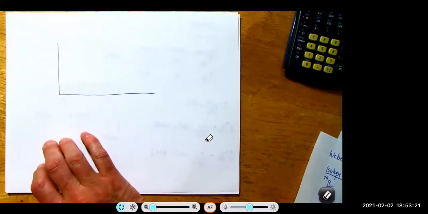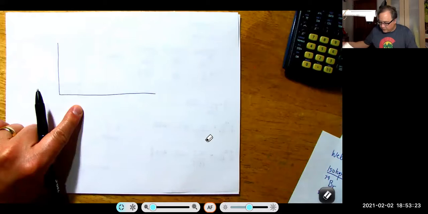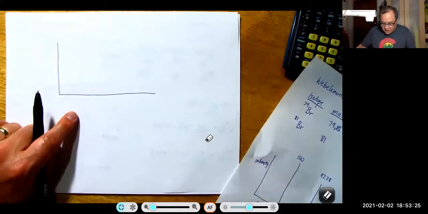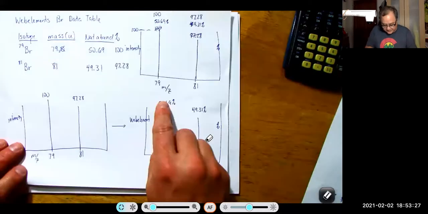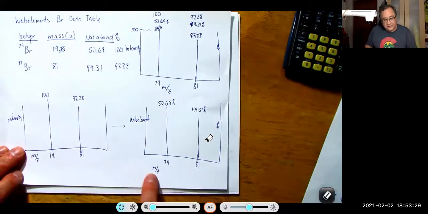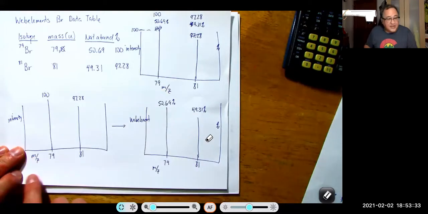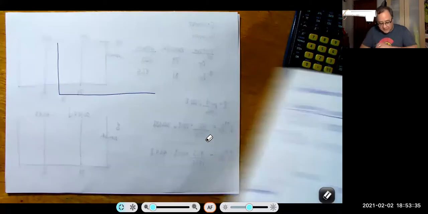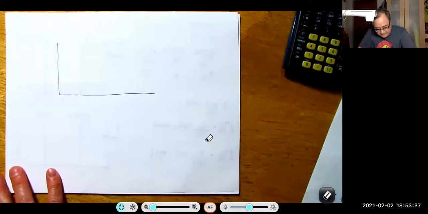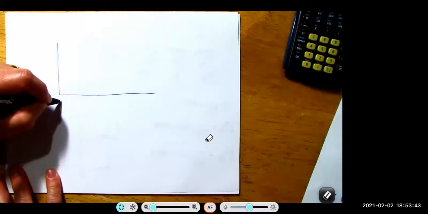What are we going to put at the bottom? Let's see. What did we put at the bottom of all the rest of these? M stands for mass, Z stands for charge. So what are we going to put at the bottom of this guy? Mass over charge.